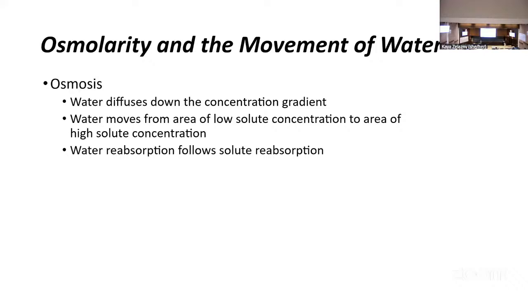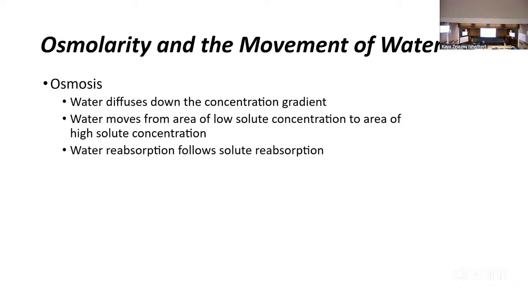But before we get to that, let's remind ourselves of the concept of osmosis. Water diffuses down its own concentration gradient, so from where there's lots of water to where there's not very much water. We often don't give water concentrations though, so it's helpful to realize that water concentration and solute concentration are going to be inverse of each other.